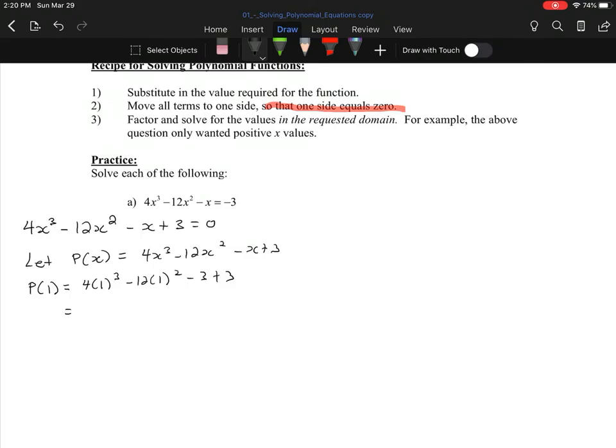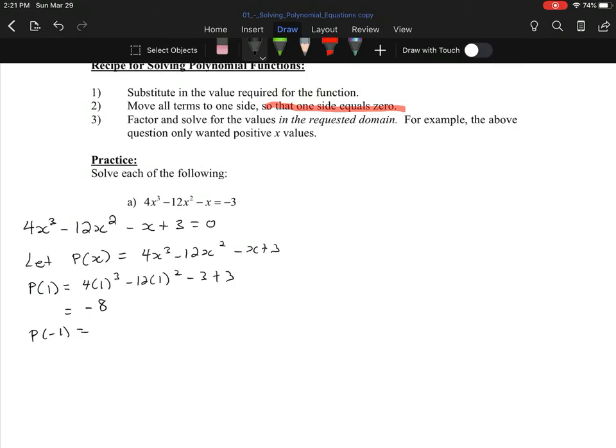And I punch that all into my calculator and see what I get there. 4 times 1 cubed minus 12 times 1 squared minus 1 plus 3, I get negative 8. So then I'm going to try negative 1.